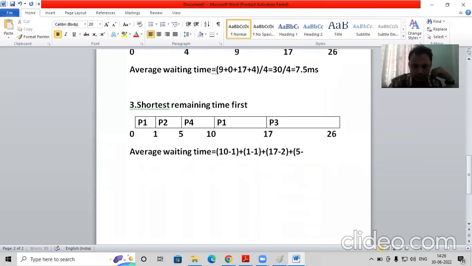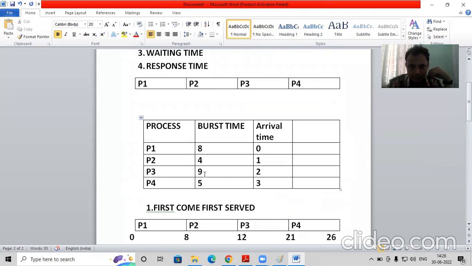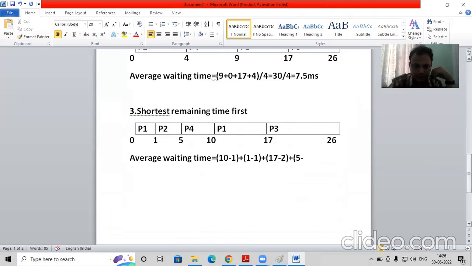So 5 minus P4 arrival time. P4 arrival time is 3. 5 minus 3, divided by 4 because total 4 processes.